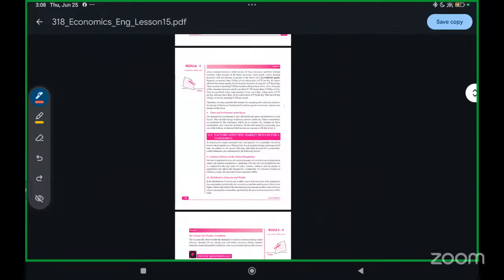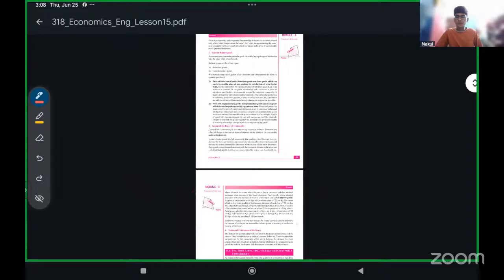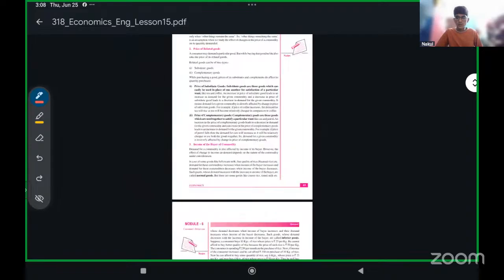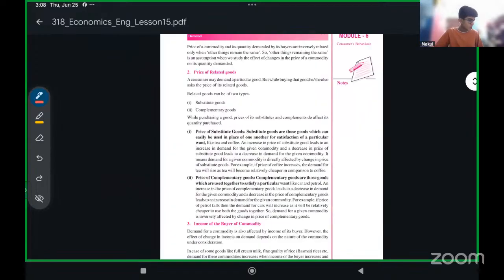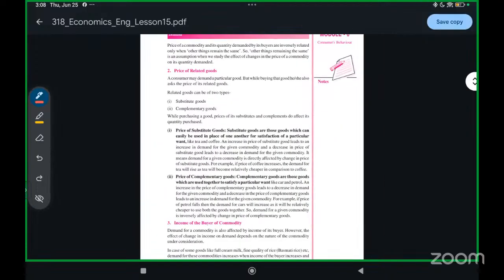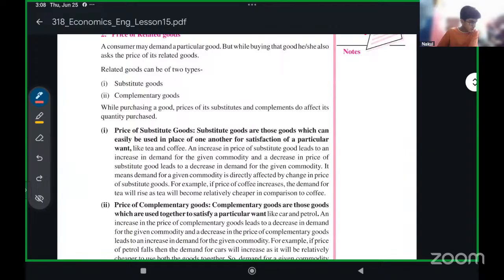Substitute goods: if a good's price increases, there's another good which can be used as a substitute for it, to manage the price. Substitute goods are those goods which can be easily used in place of another for satisfaction of a particular want.